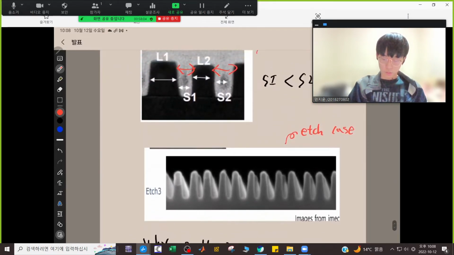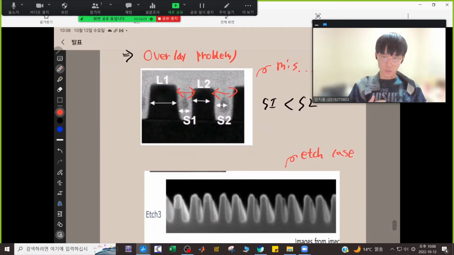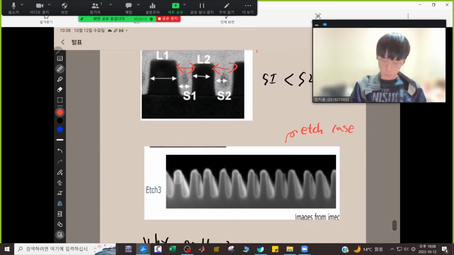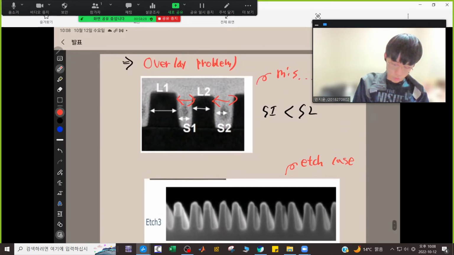Before, in the previous chapter, we explained the parasitic capacitance. So the capacitance exists like this.